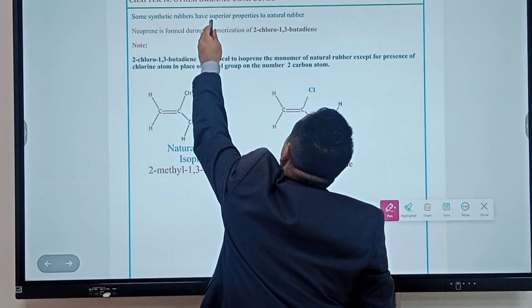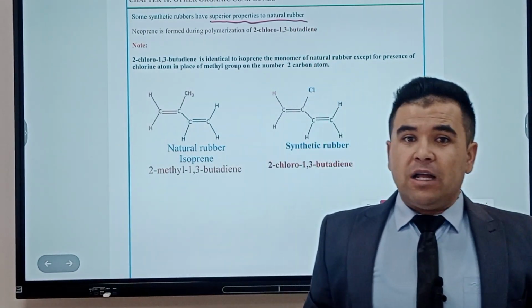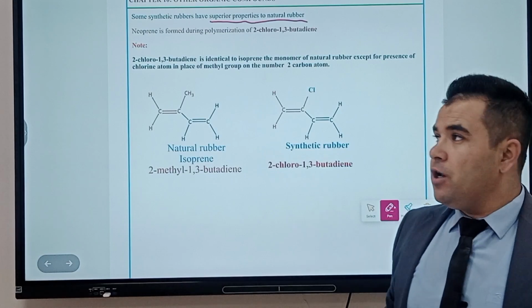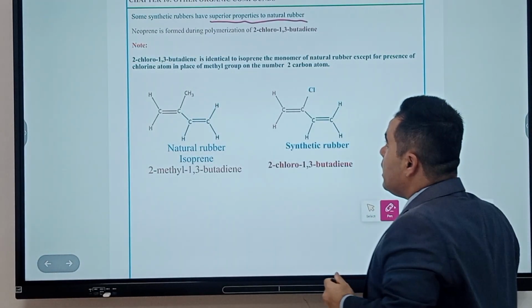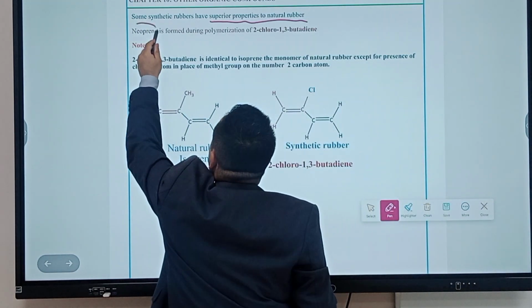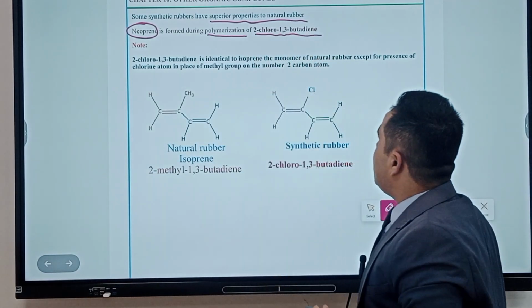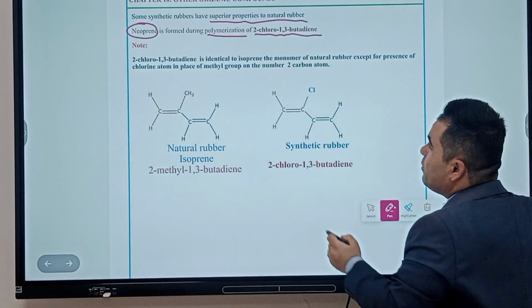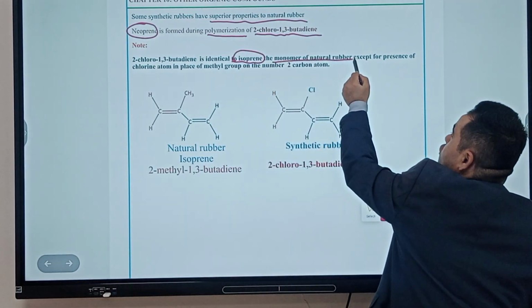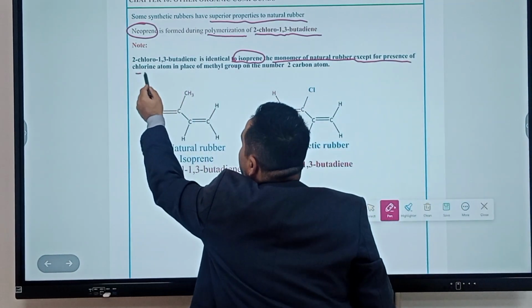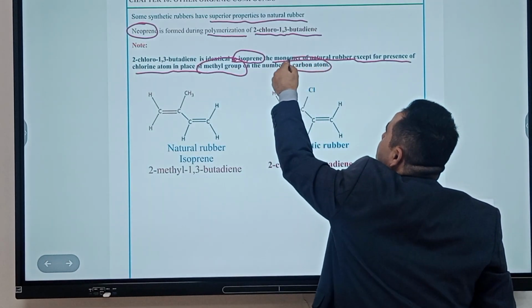Some synthetic rubbers have superior properties to natural rubber. So the rubbers synthesized from industrial processes have more applications than natural rubber. For example, we have neoprene. Neoprene is formed during polymerization of 2-chloro-1,3-butadiene. 2-chloro-1,3-butadiene is identical to isoprene, the monomer of natural rubber, except for the presence of a chlorine atom in place of the methyl group on the number 2 carbon atom.